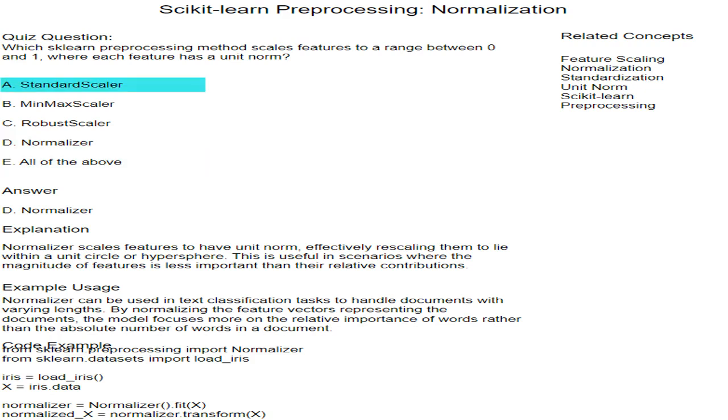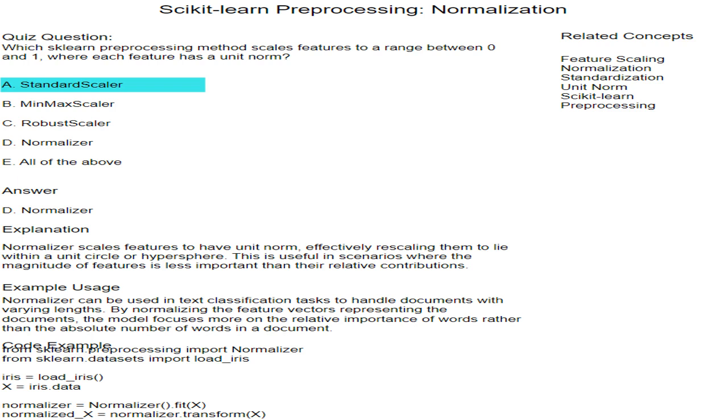A, StandardScaler. StandardScaler standardizes features by centering them around 0 and scaling them to unit variance. It doesn't scale features to a range between 0 and 1, and it doesn't ensure unit norm.